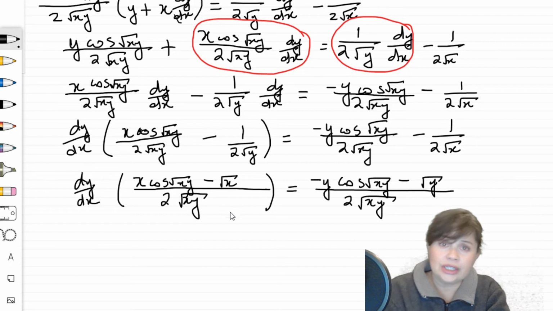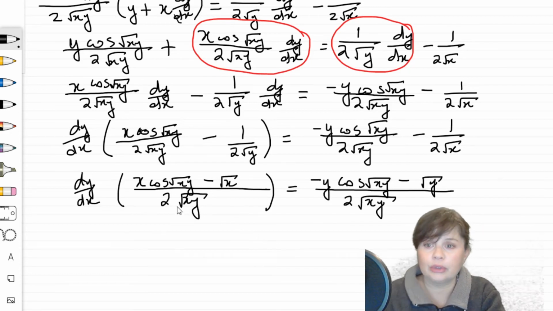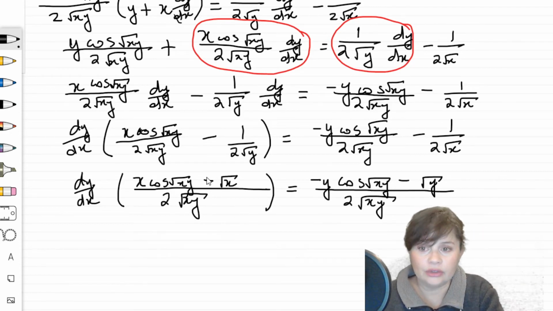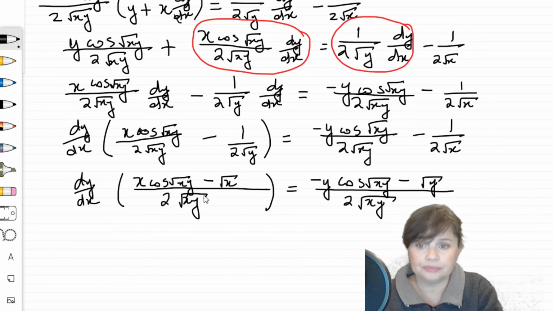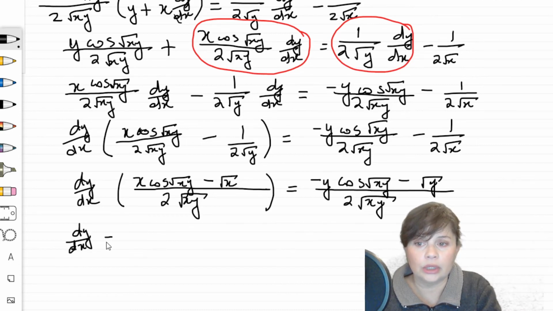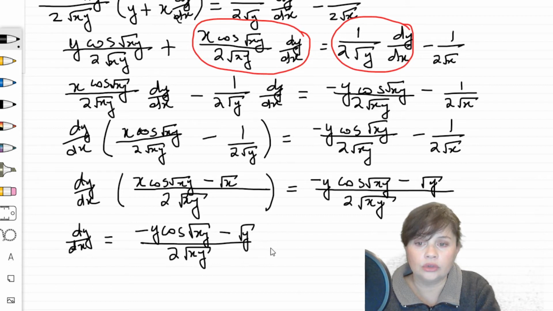Okay, so you see now it's actually easier to simplify because you're going to divide through by this expression here, which means I'm going to have, sorry, that must be dy. So let's see, minus y cos square root xy minus square root of y over 2 xy dividing by this, right?